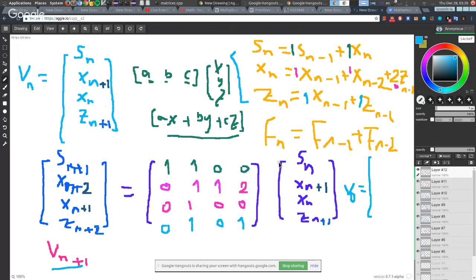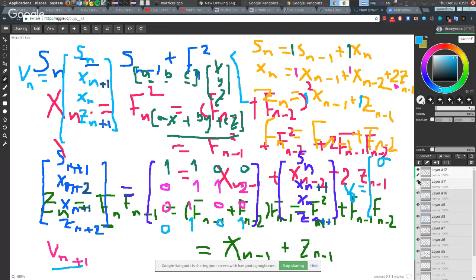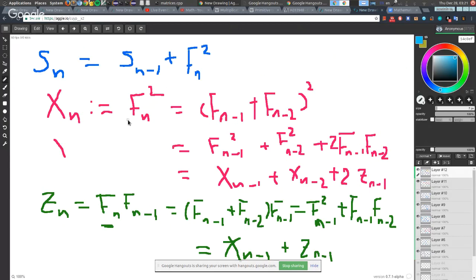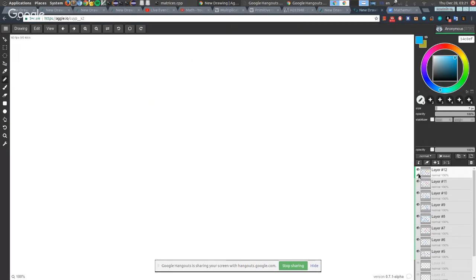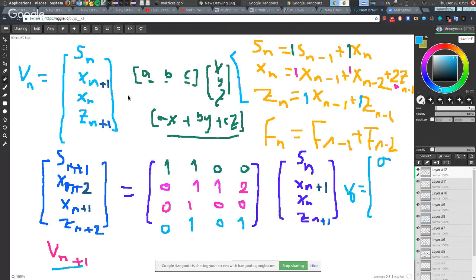So S0 is basically the sum of the terms until F0, which is 0. Then x(n+1): what was the definition of that? Basically it's the square of Fibonacci, so the square of f(1) is 1. And x(n) here is the square of f(0), which is 0.